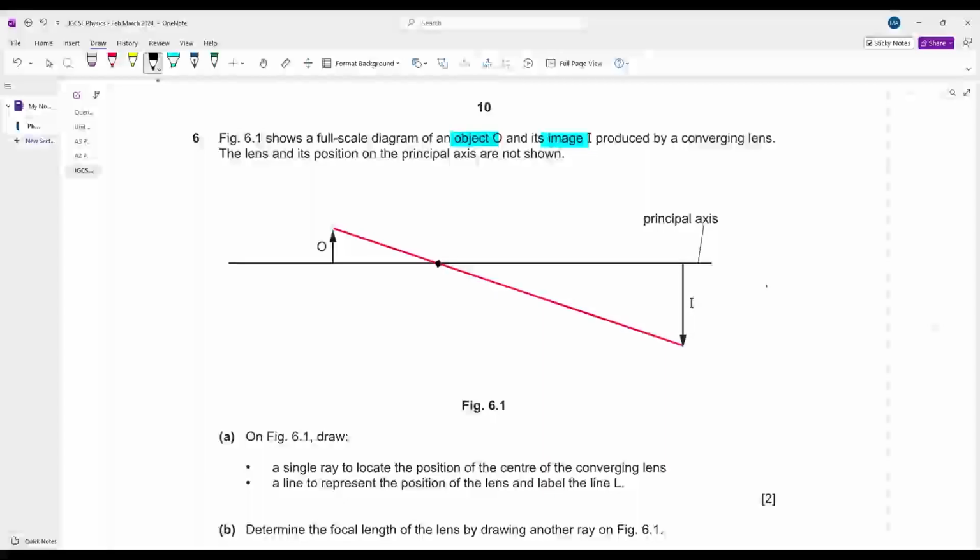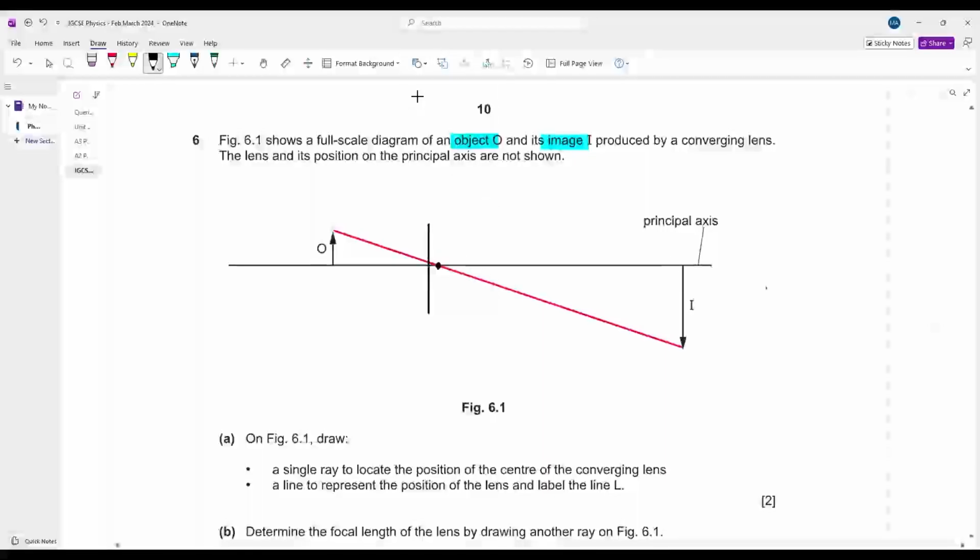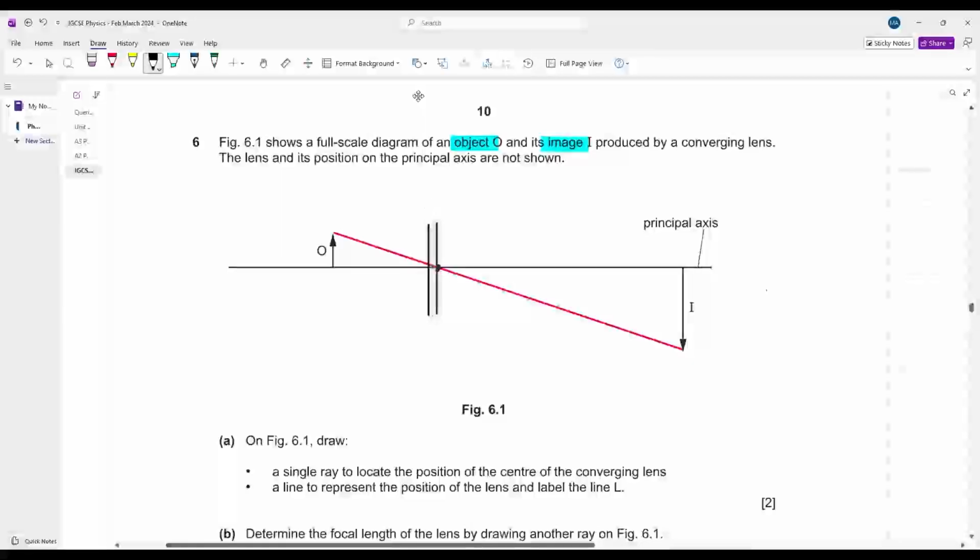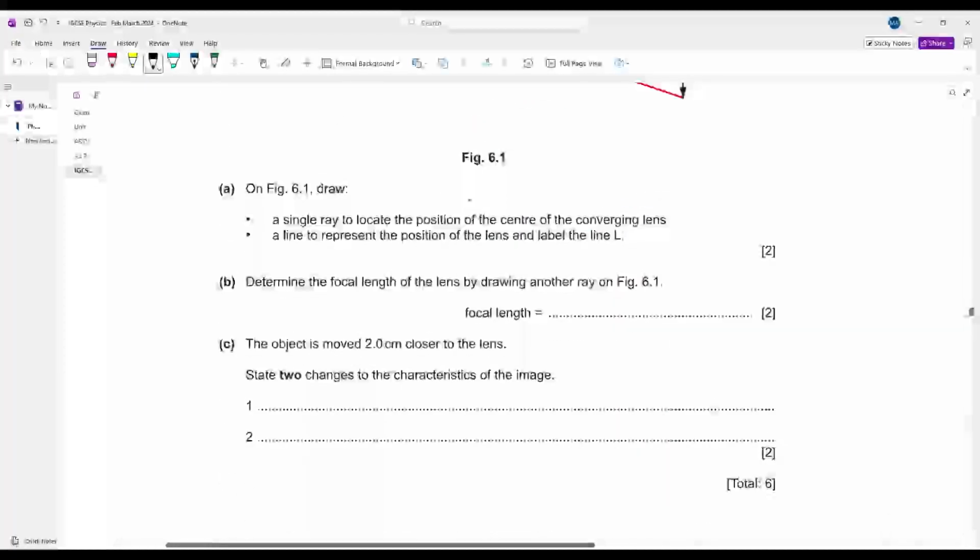This point will be the center of the lens. Perfect. You have to represent a line to show the position of the lens. So you can make a line here to show the position of the lens. Somewhat like this. Let me make a straight line. Yeah. Let's label this L. That is the position of the lens.